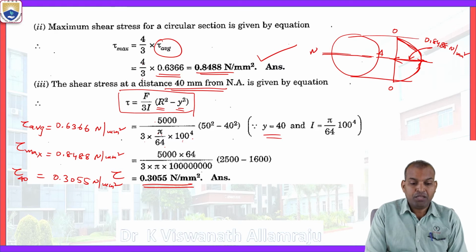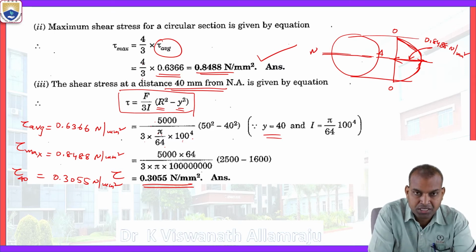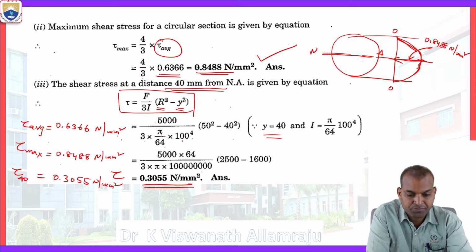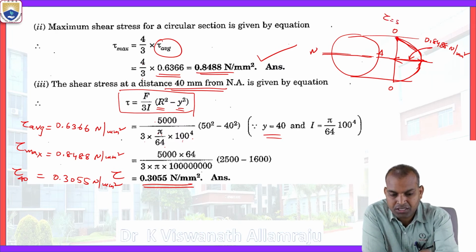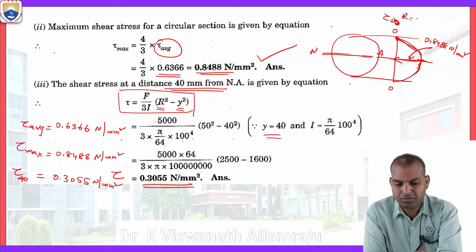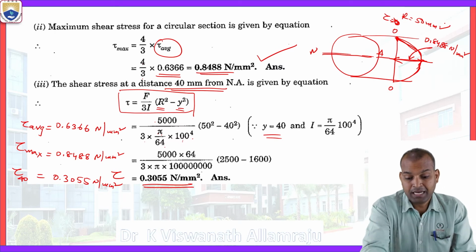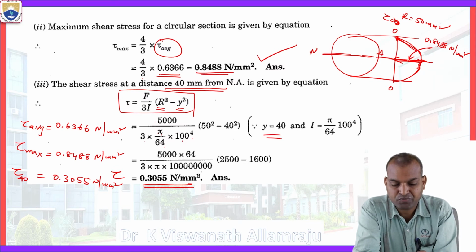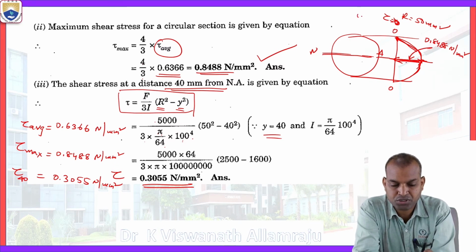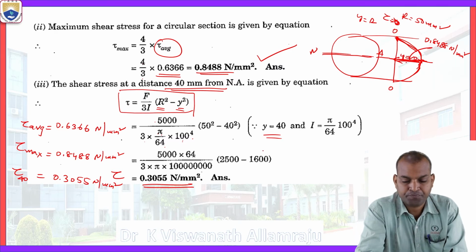And at a distance of 50 millimeters, the shear stress becomes 0, where r equals 50 millimeters. At the neutral axis, y equals 0; the position y equals r is at the edge.